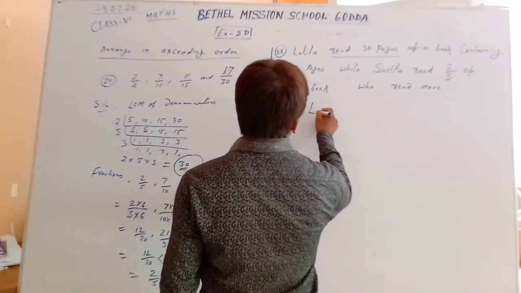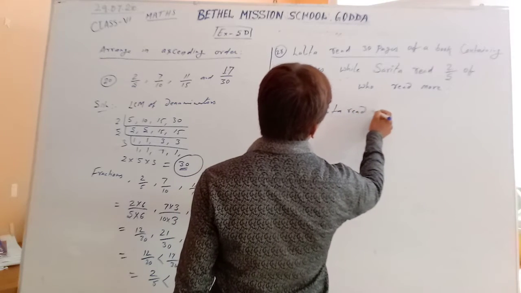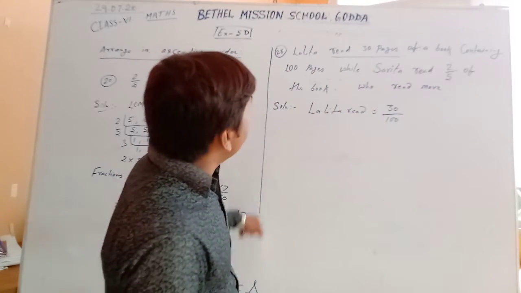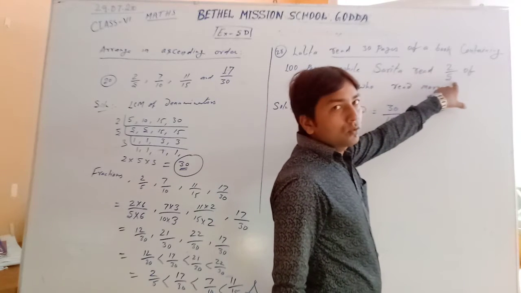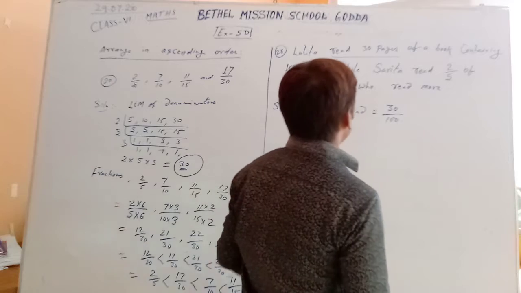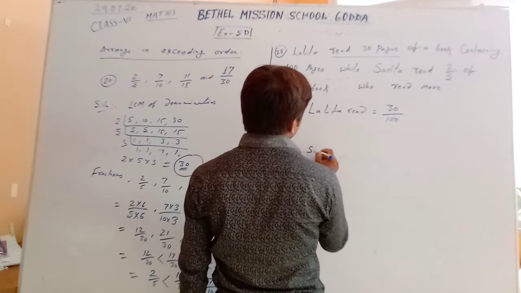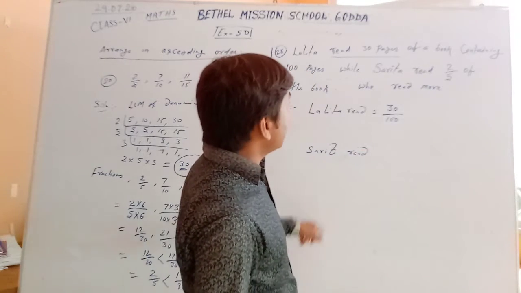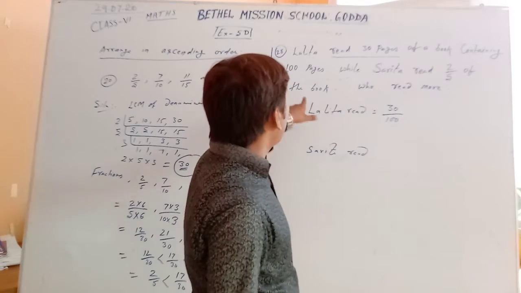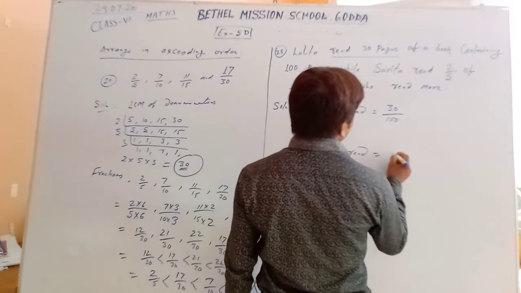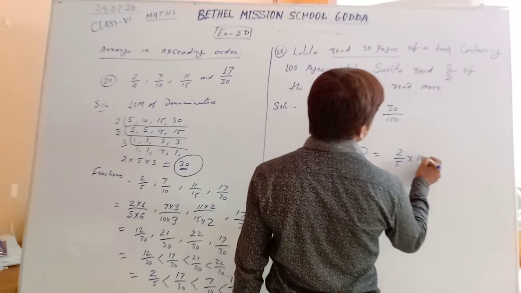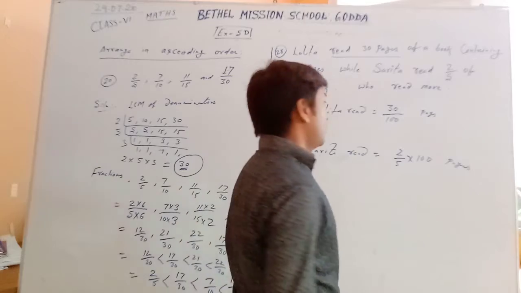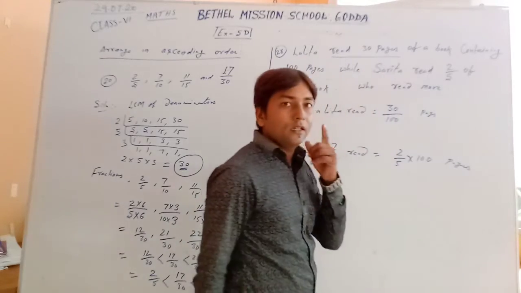And Sarita read 2 by 5 of the book. The book has 100 pages. Who read more?